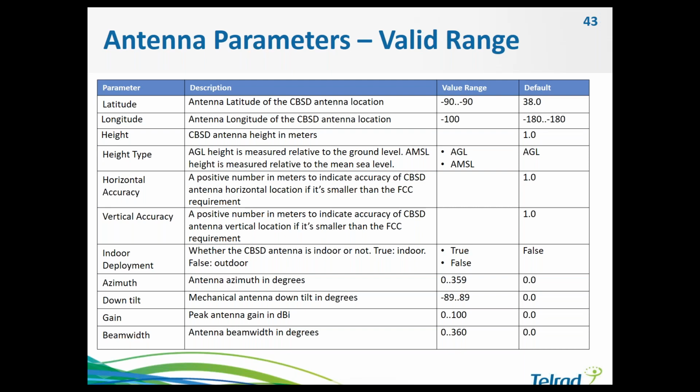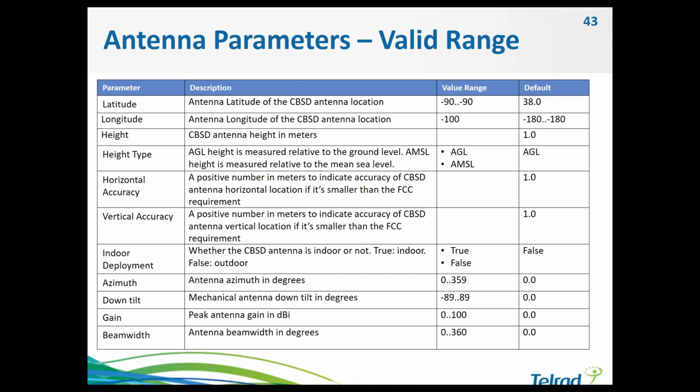Okay, the height type has 2 options. One is AGL, which means above ground level, which is the most normal and default. And the other is sea level, which can also be used. The accuracy of the GPS coordinate is about 15 meters.